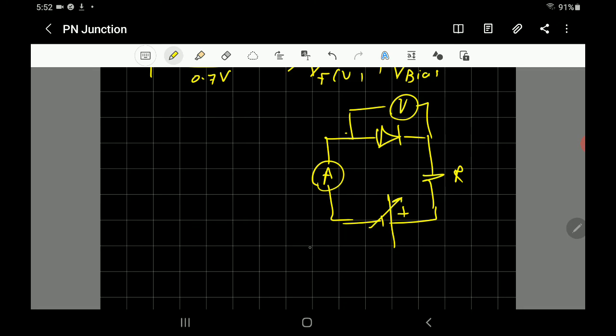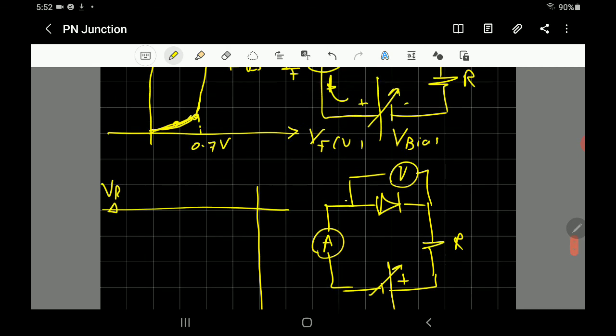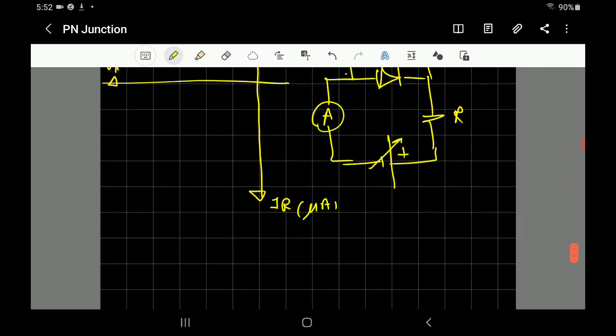By the way, it's opposite now. So the current will be IR in the reverse direction and is measured in microampere because it's very small. And the voltage is reverse because the voltage will be negative on this diode. We flip it compared to the forward one.